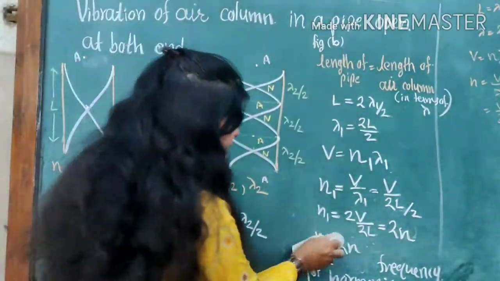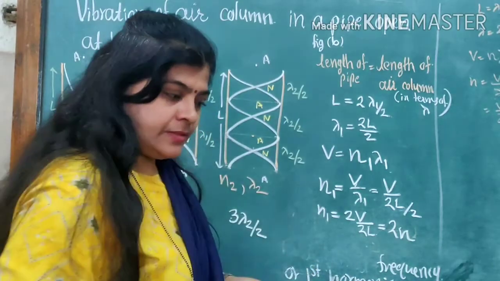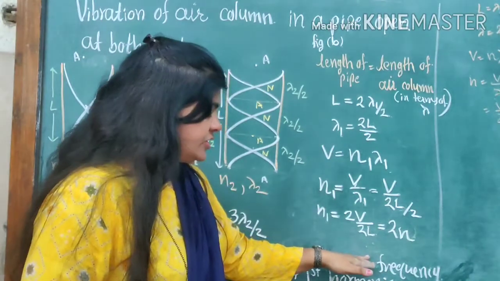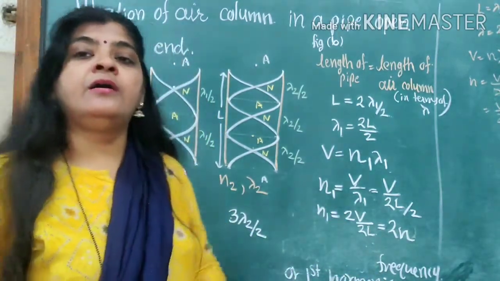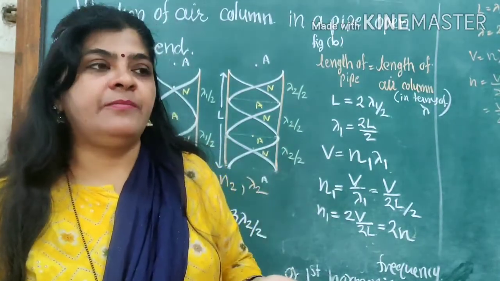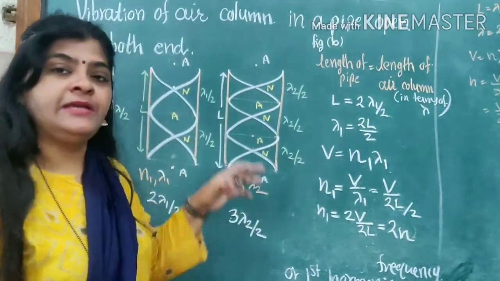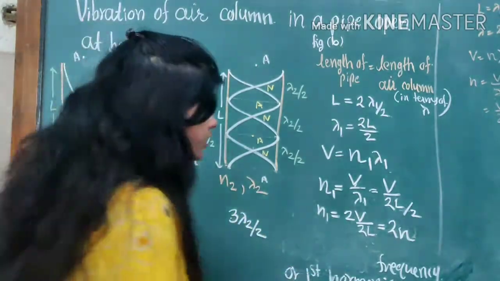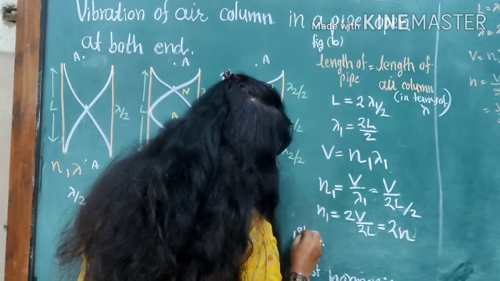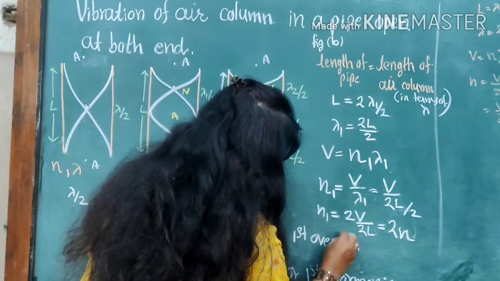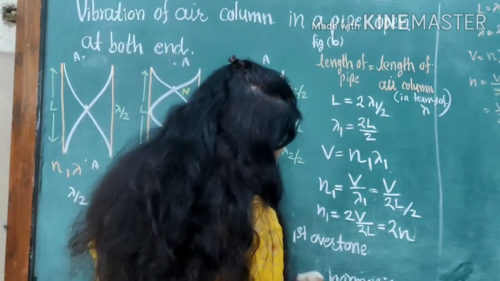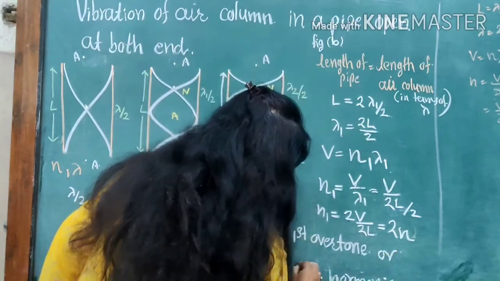And what is the name of this? The fundamental frequency is already mentioned, but a frequency higher than the fundamental frequency which is actually present in that vibration is called an overtone. That's why it is called the first overtone, or the second harmonic.